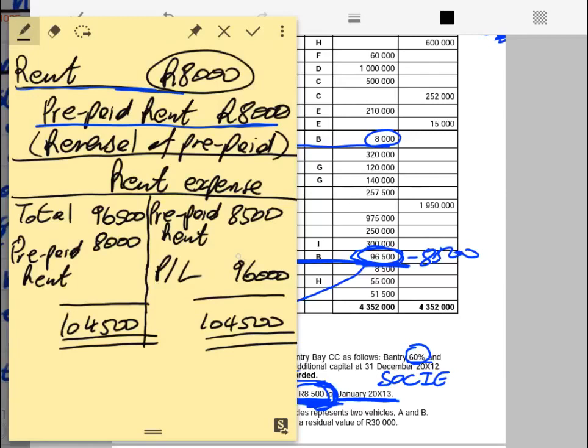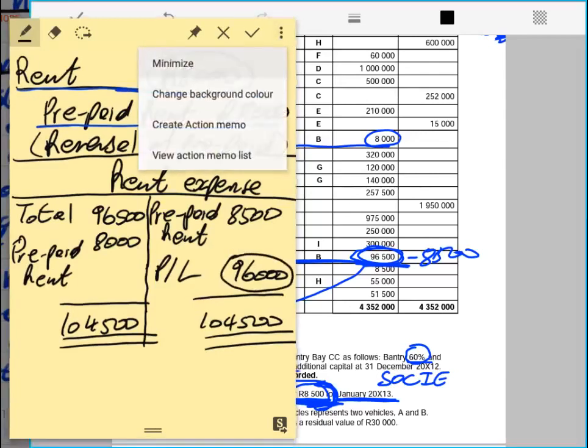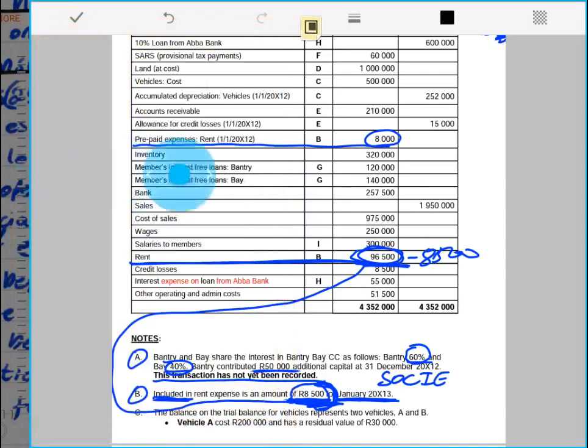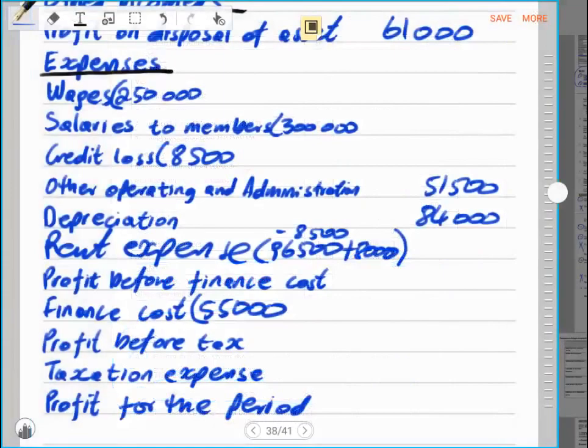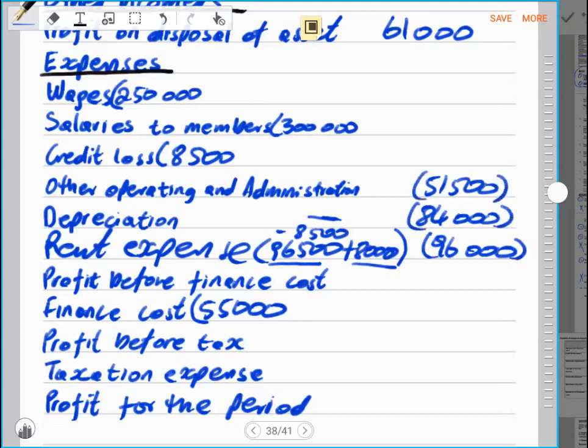This is the amount that will be recorded in the profit and loss or in the income statement. And as you can see in the income statement, if you say 96,500 plus 8,000 minus 8,500, you should get 96,000 rands. And make sure that all those expenses are recorded in brackets.